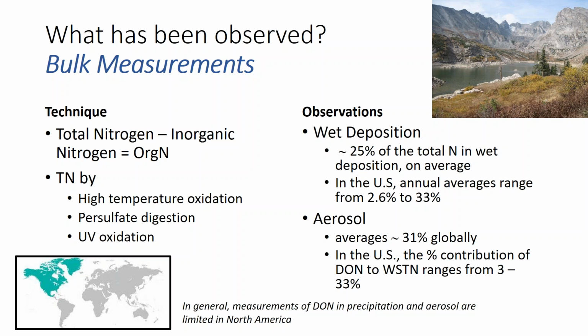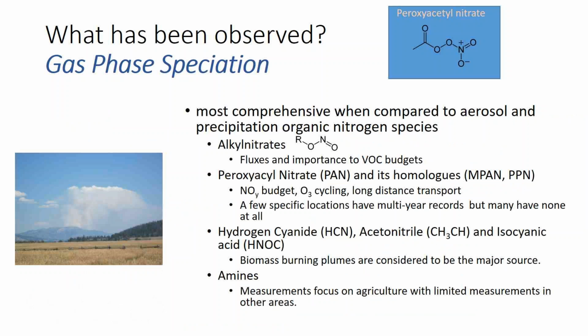But again, these have been mainly made in North America, so there's quite a bit unknown in other parts of the world. If we think more about the speciated compounds, we're going to start with gas phase. These are the most comprehensive when we think about the different phases that the organic nitrogen can be in.